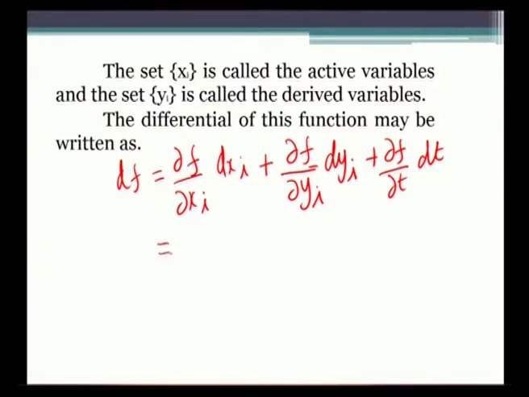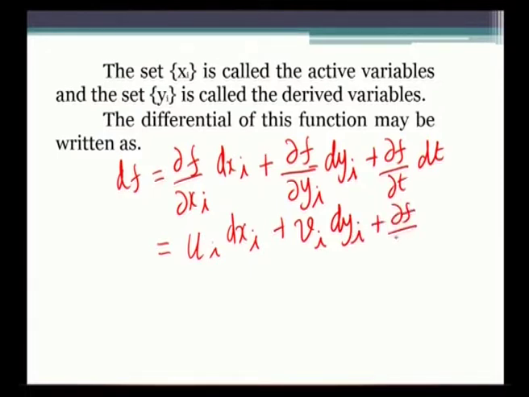Now, this can be expressed in a simplified form as u_i into dx_i plus v_i into dy_i plus partial f by partial t into dt.